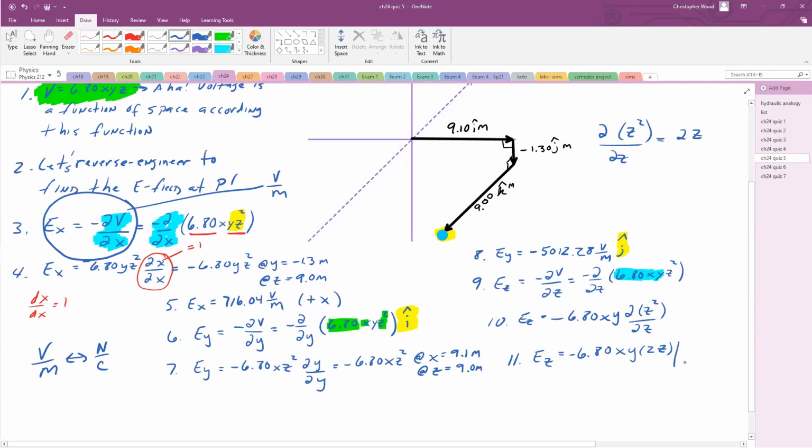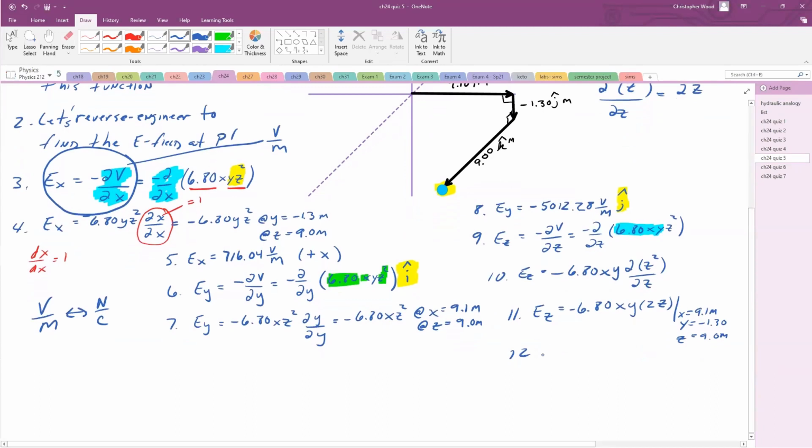And then you're just going to evaluate this at the coordinates. This needs to be evaluated at x equals 9.1 meters, y equals negative 1.3 meters, and z equals 9.0 meters. And we're going to get an expression for EZ to go along with EX and EY.